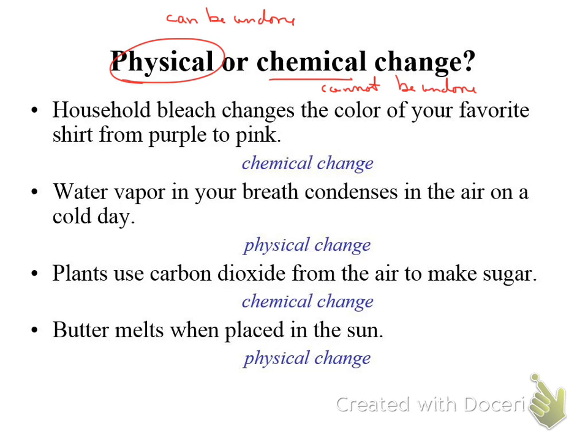So that's a phase change from gas to liquid. When plants make chlorophyll, they use carbon dioxide and ultimately convert it to sugars. So new substances are formed, sugars from carbon dioxide. Butter melting, of course, that's a phase change, so that's a physical change.